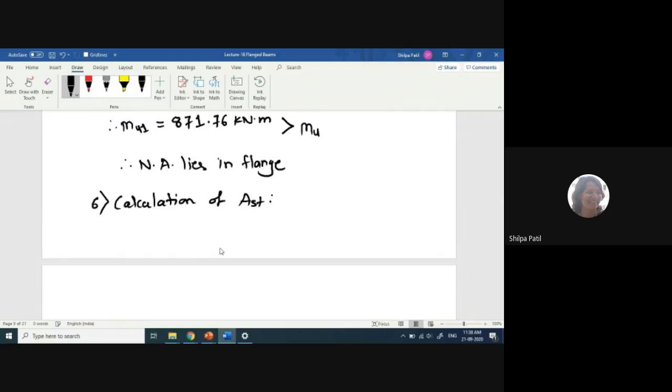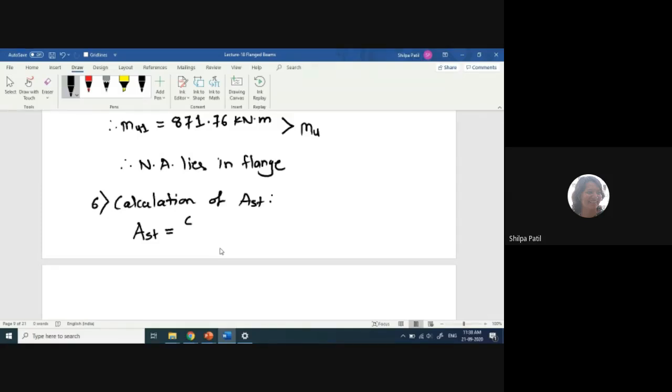To calculate Ast, whatever formula we used for a rectangular beam, or singly reinforced beam, the same formula we have to use here. Because once your neutral axis is lying in the flange, the T-beam will behave like a rectangular beam for calculation.